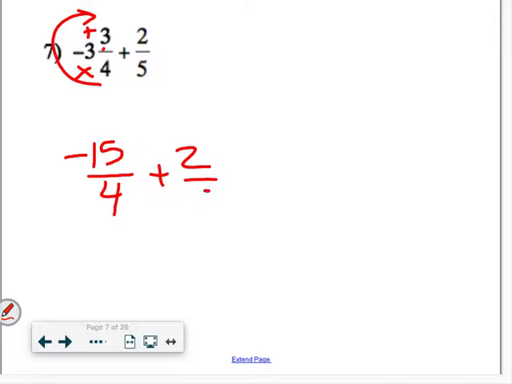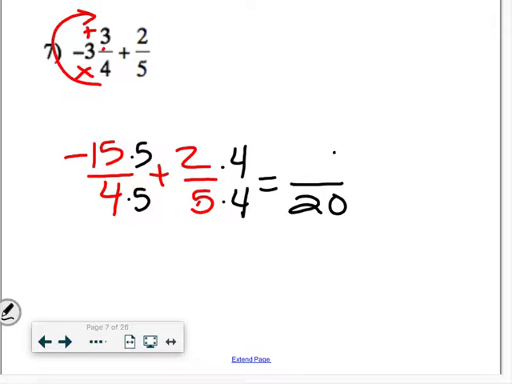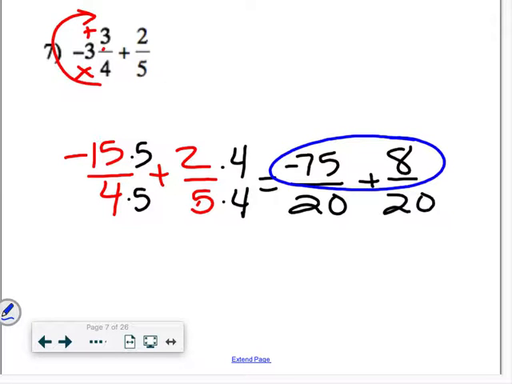So plus 2/5. All right. Common denominator, smallest common denominator is 20. So times top and bottom here by 5, top and bottom here by 4. Negative 75, and 8 over 20. Okay. Add or subtract across the top.